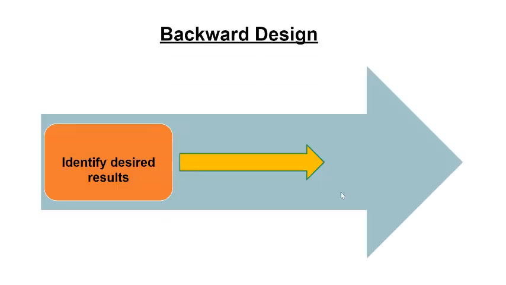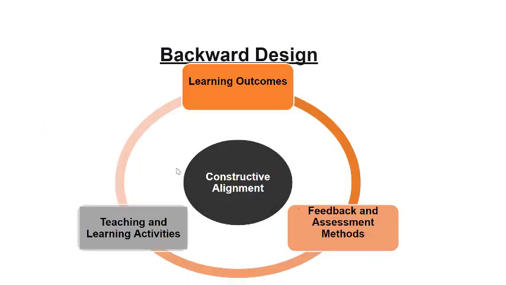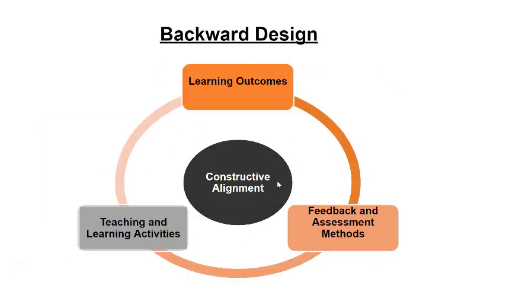So the backward design, as I mentioned in my previous slide, starts from the end of the course by identifying the desired result of your online course, and it's characterized by constructive alignment. So it focuses on aligning the learning outcomes with the assessment methods, and then with the instructional strategies and the learning activities you are going to use to deliver your online course in order to achieve the learning outcomes of your course.